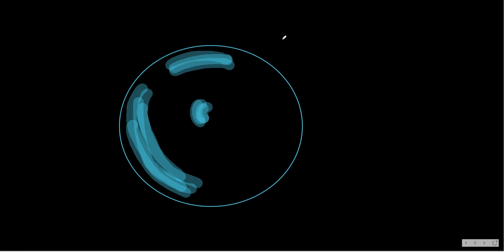Okay, so this is a sphere. What I do is I take 2 points on the sphere. Let this point be C, and here I have another point as D.